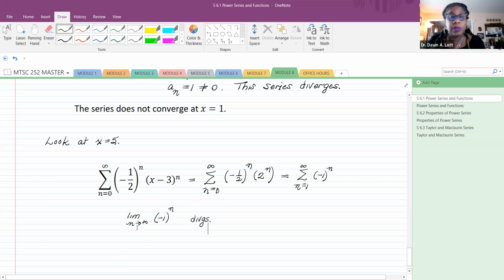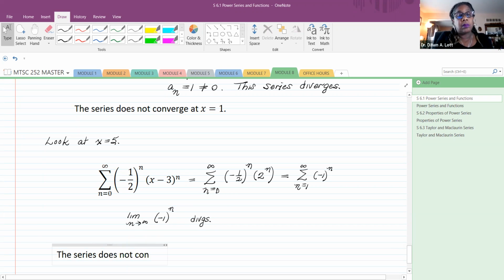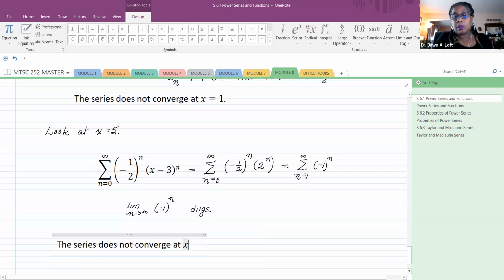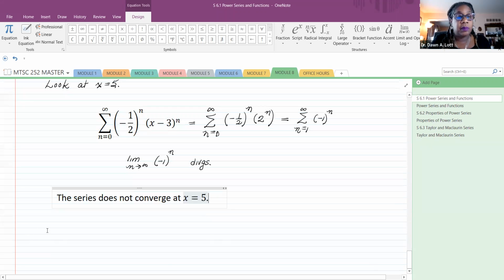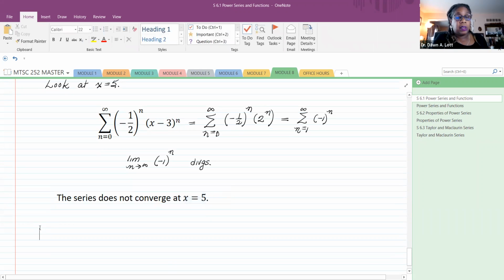So by the nth term test for divergence, this does not converge. Therefore, since we know it doesn't converge at x equals 1 or x equals 5, we can conclude the following.